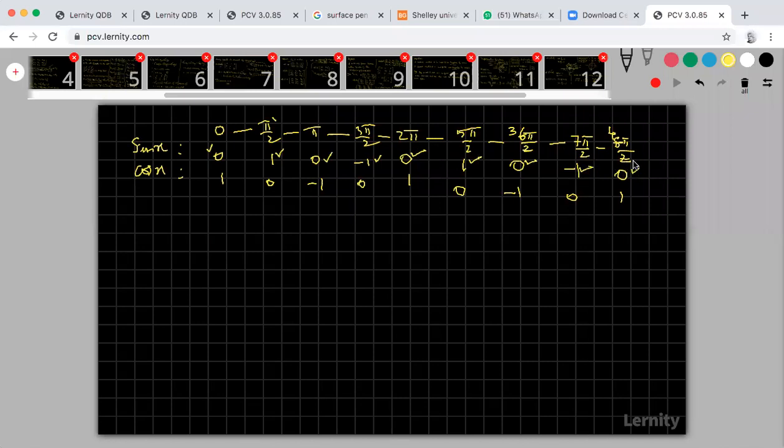For the length 2 pi, from 0 to 2 pi, all the values repeat after 2 pi. Similarly, not only for 2 pi, after 4 pi, which is 8 pi by 2, the next one is 9 pi by 2. Again the same value is repeated.